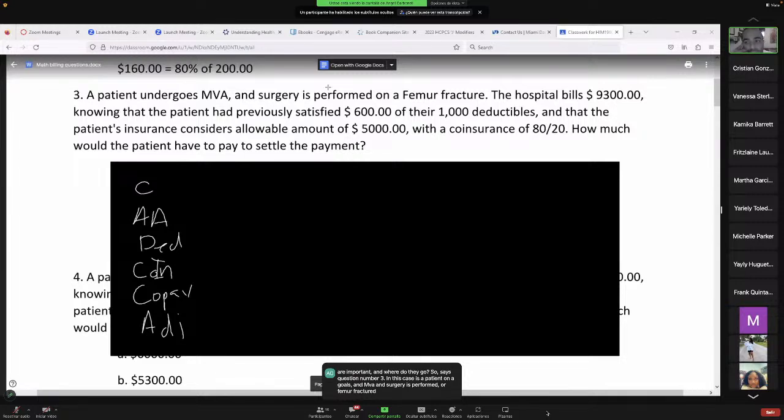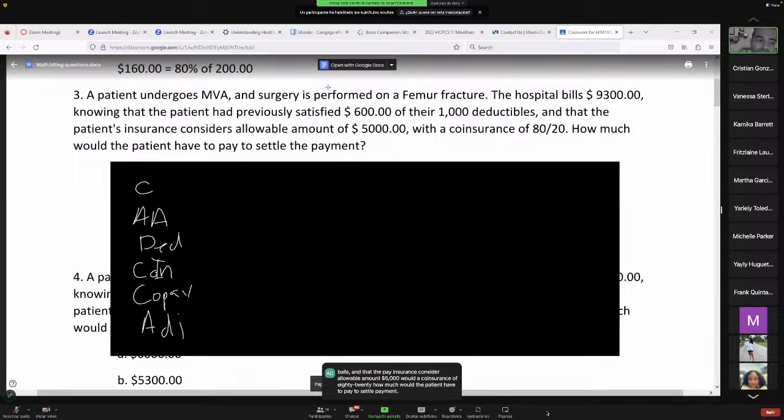The hospital bill is 9,300, knowing that the patient has previously satisfied $600 of their $1,000 deductible, and that the patient's insurance considers an allowable amount of $5,000 with a co-insurance of 80/20. How much would the patient have to pay to settle payment?